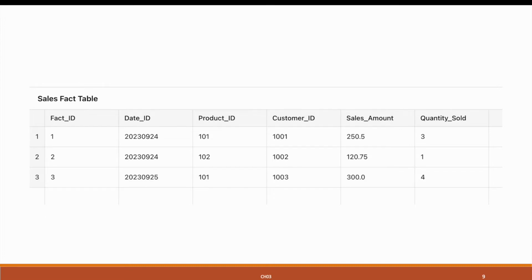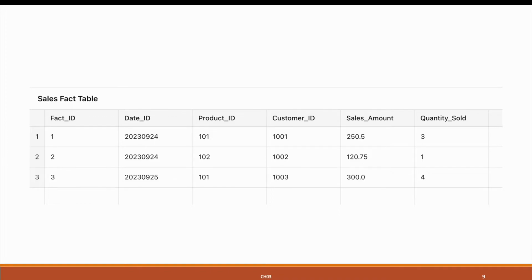They include different columns, including several key values and the measures. A measure refers to quantitative or numeric data used to measure performance.